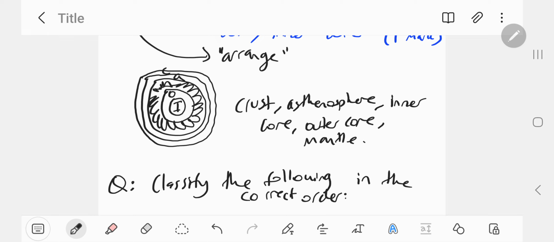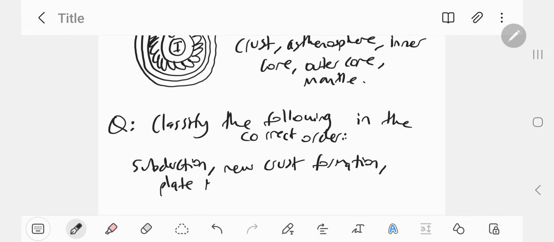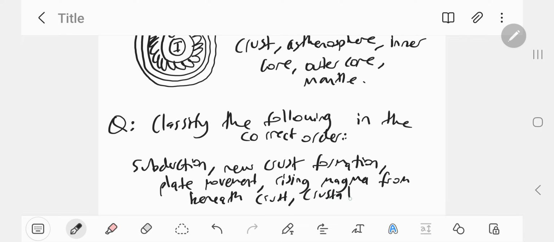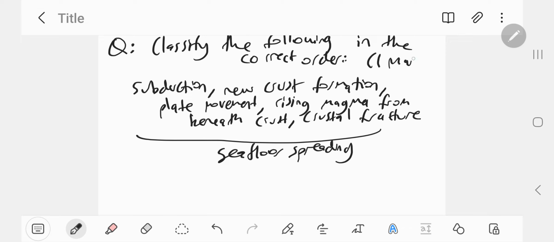You've got subduction, new crust formation, plate movement, rising magma from beneath crust, and crustal fracture. These are the steps involved in seafloor spreading, and suppose it's worth 1 mark. So you're listing them in the correct order from the beginning to the end.